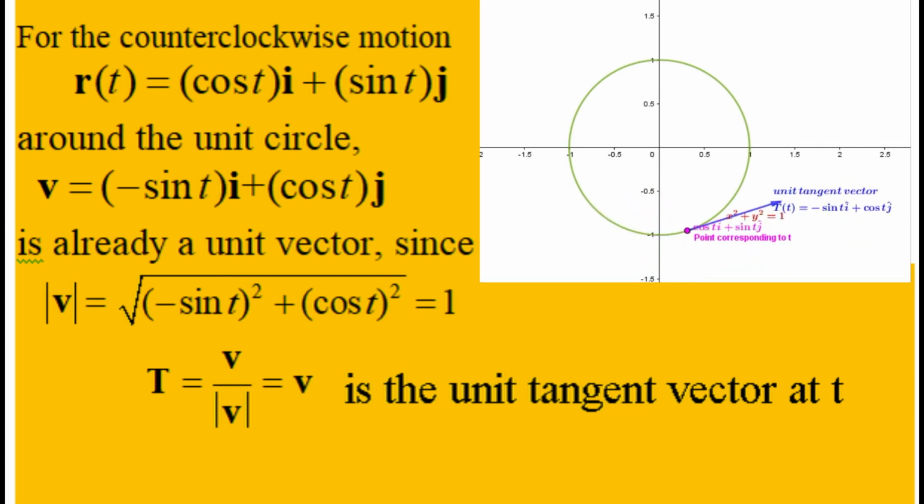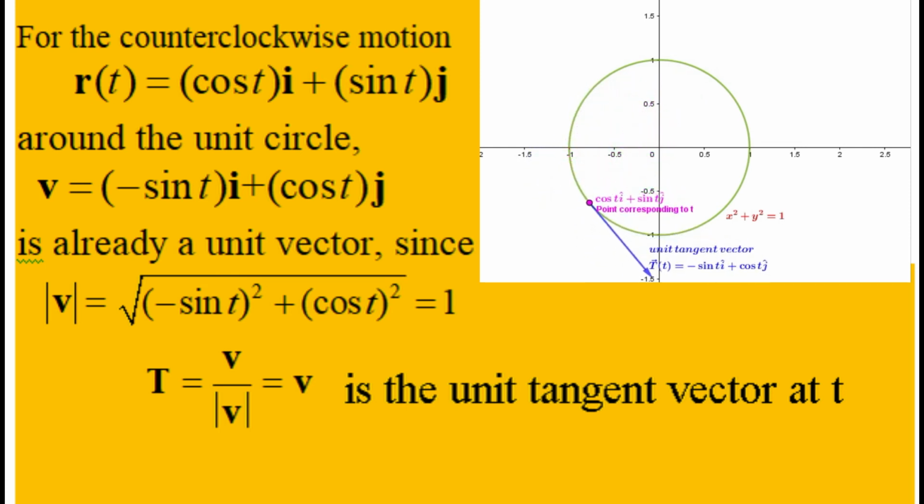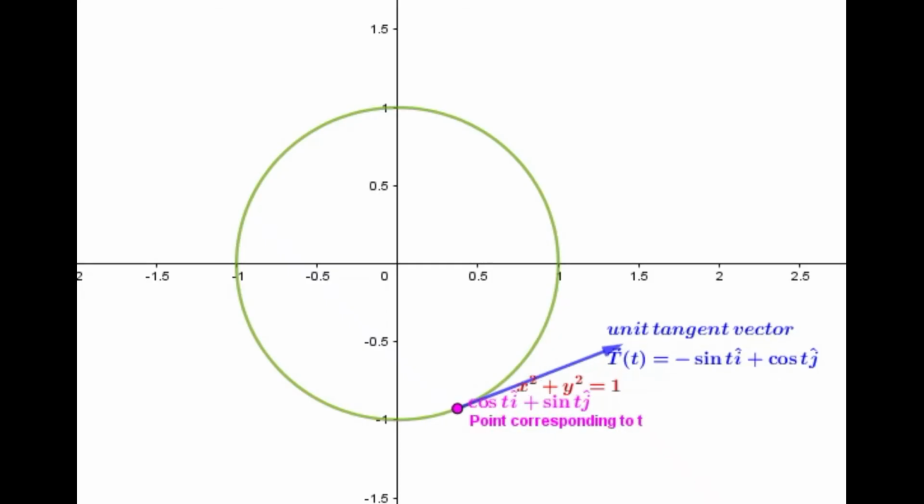So the unit tangent vector is v/|v| = the vector v. So at each point on the unit circle corresponding to the parameter t, the unit tangent vector is the same as the velocity vector there.